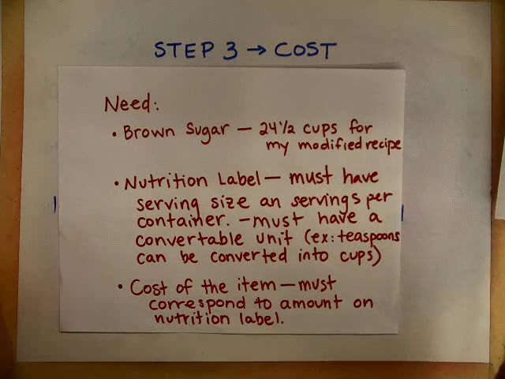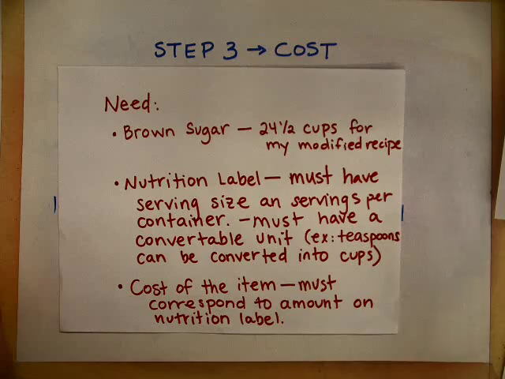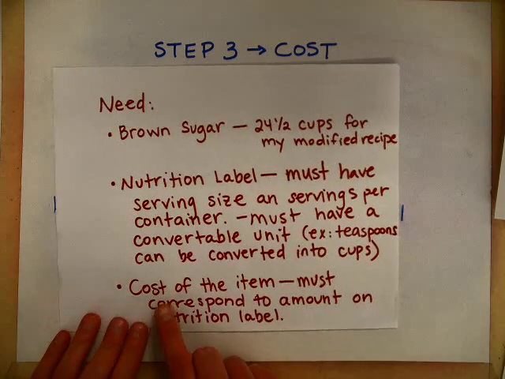There's 8 ounces of liquid per cup, but when you start measuring dry things like cereal or brown sugar, then you don't necessarily have that same conversion. There's not 8 ounces of brown sugar in a cup, or at least I don't think there is, but I haven't actually measured.